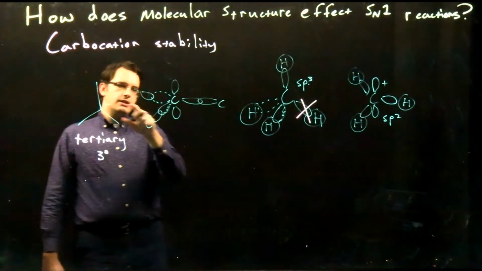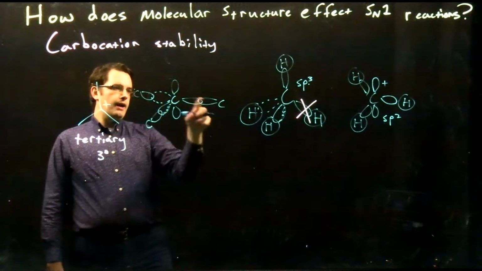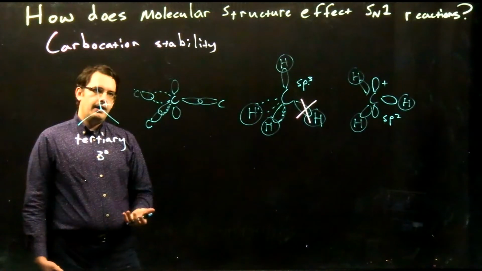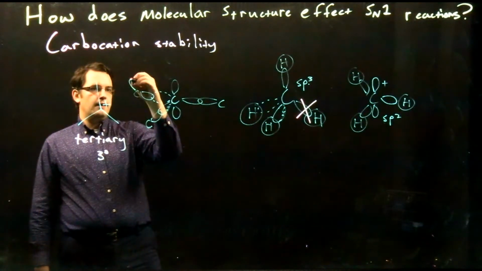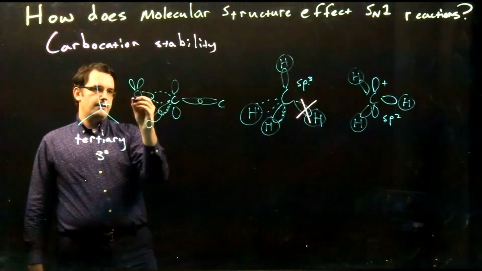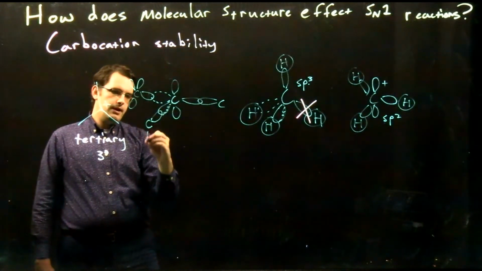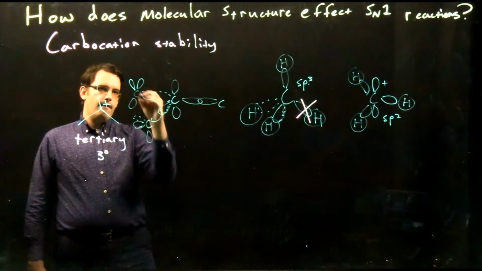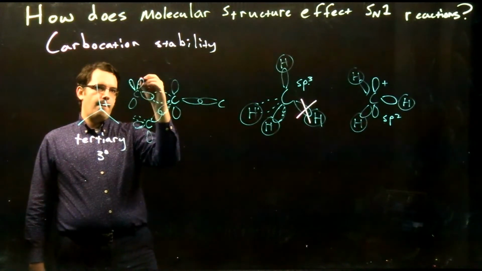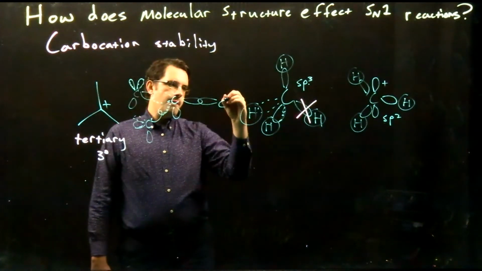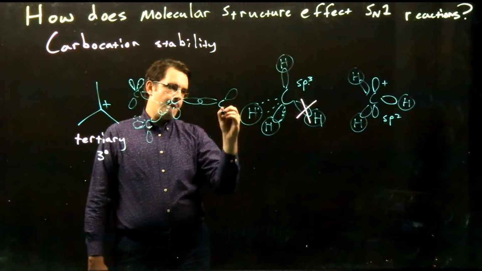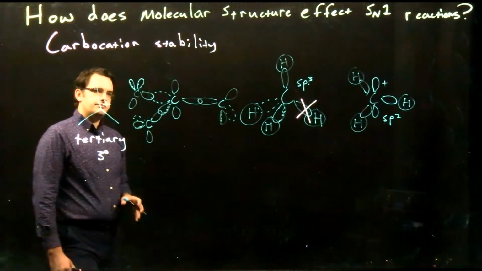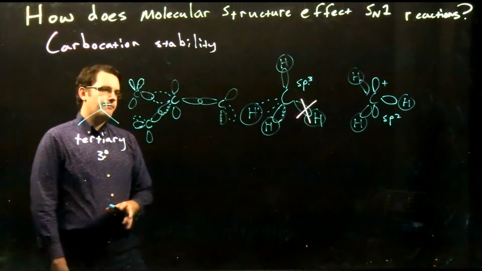So I'm bonded to each of these carbons using my sp2 orbitals. These carbons, of course, would all be sp3 hybridized with their own bonds coming out here. So let me fill in those different bonds, like so.